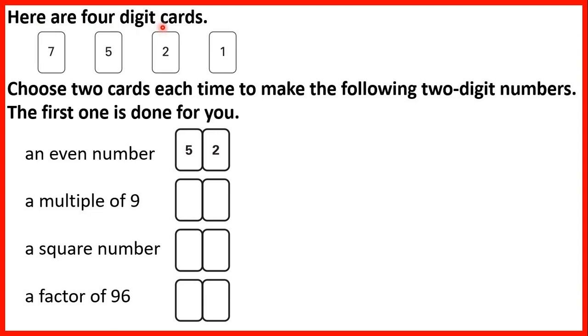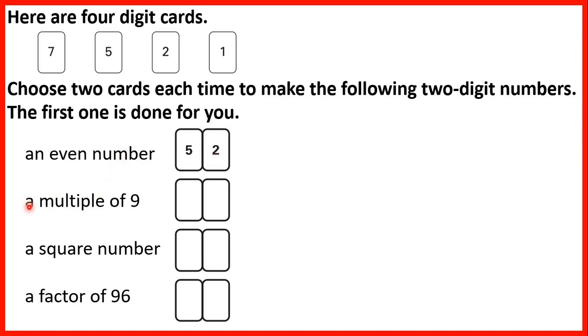Here are 4-digit cards, so we have 7, 5, 2 and 1. Choose 2 cards each time to make the following 2-digit numbers. The first one is done for you. So 52 is an even number, because numbers that are multiples of 2, numbers that end in 0, 2, 4, 6 or 8 are even numbers.